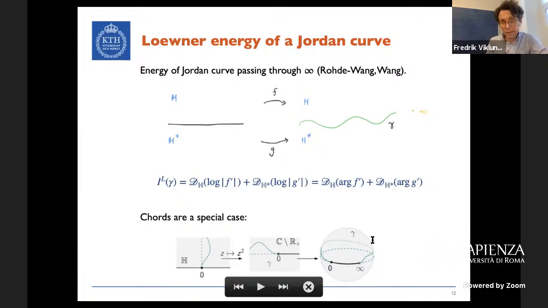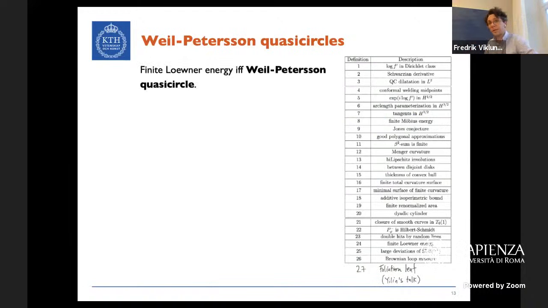So if you view this chord like this, it becomes very natural to say, well, let me try to apply a Möbius transformation to move this together, and in this way define an energy associated to loops. And this was done by Steffen Rohde and Yilin Wang also.